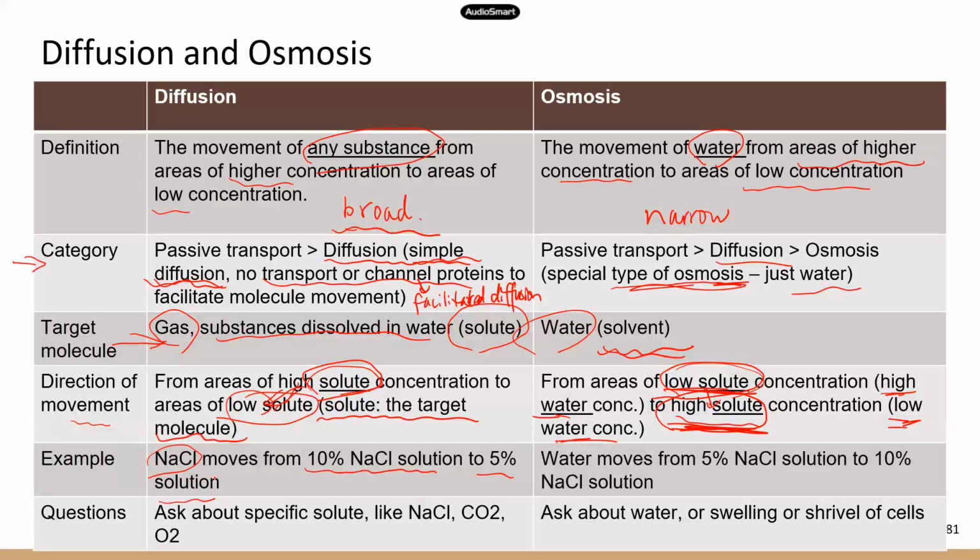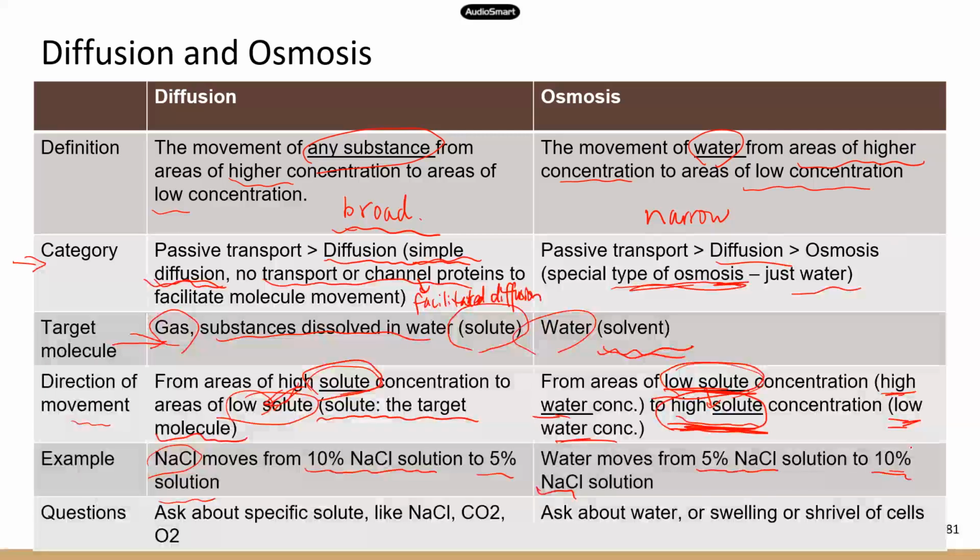But if you look at water movement between those two solutions, 5% and 10%, water is going to move in the opposite direction of sodium chloride. Water is going to move from the low solute, 5%, because it has more water, to 10% because it has less water. So water moves from high water to low water, but low solute to high solute.